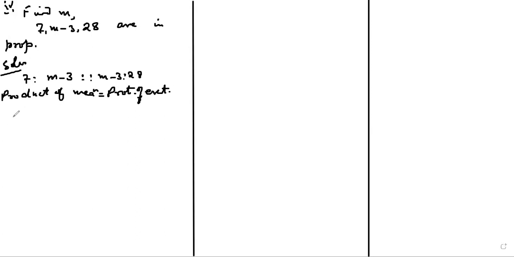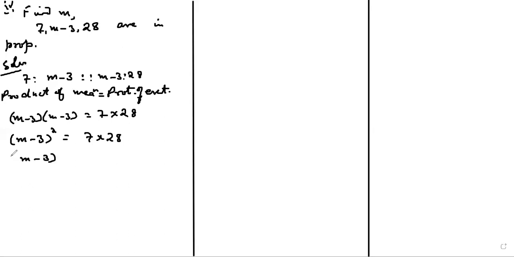So we have m minus 3 times m minus 3 equals 7 times 28. So m minus 3 the square equals 7 into 28. So 7 times 28 equals 196. So m minus 3 square equals 196.